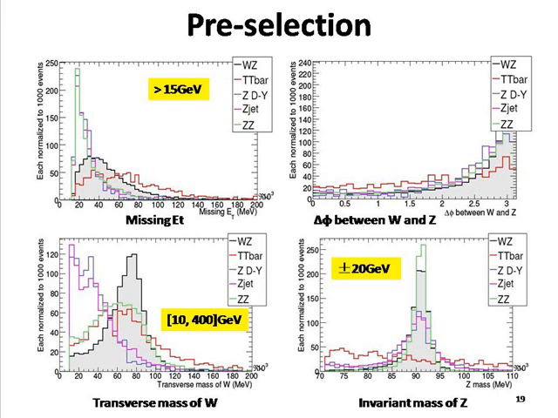Look at the bottom right, the invariant mass of Z. Only t-tbar has a relatively flat region, and the others all have a Z peak, because in channels like Z plus jet and ZZ there is a real Z. So nothing can separate them based on the mass of Z, and that's why we choose many criteria to separate our signal from the background. All these plots are normalized to 1 inverse femtobarn.